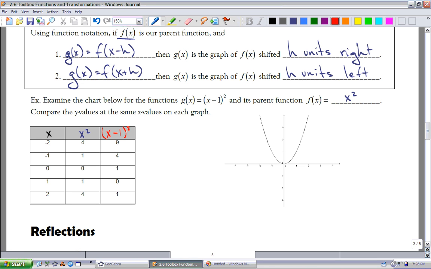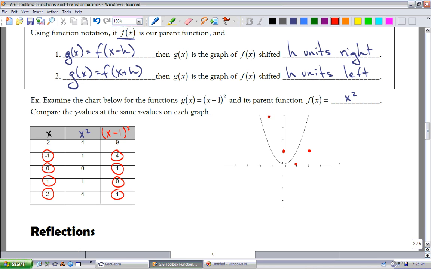Okay, now what you have to understand here is if we plot this, and let's just start here at 0. So at 0 we have 1. At 1, we have 0. At 2, we have 1. I'll go back to -1 here. We have 4. So at -1, we're up here at 4.